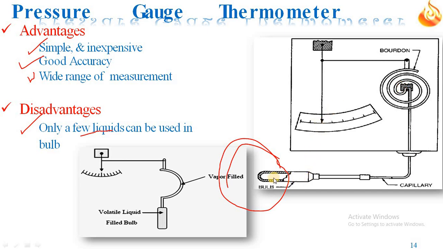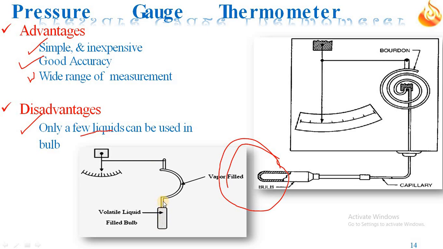We know the working of the liquid-in-glass thermometer as we have already discussed, so similar working will happen here. This bulb section is to be kept in the environment whose temperature we want to measure. Depending on the temperature of the environment, the expansion of fluid present in this bulb section will rise, and it will cause this spiral tube, or Bourdon tube, to become straight.